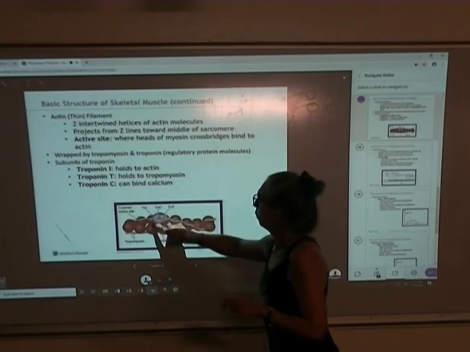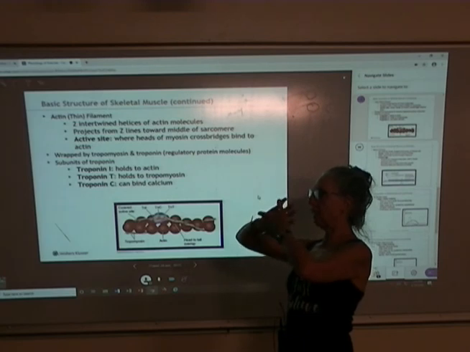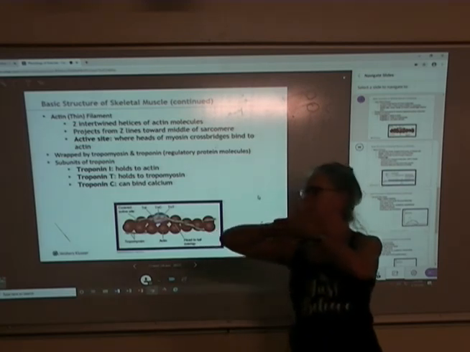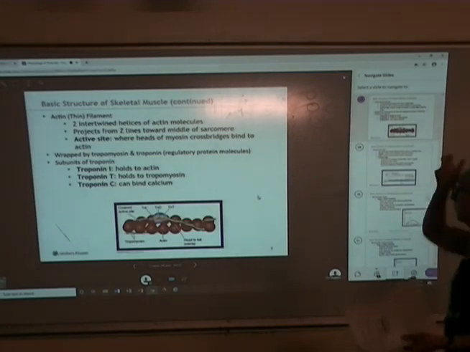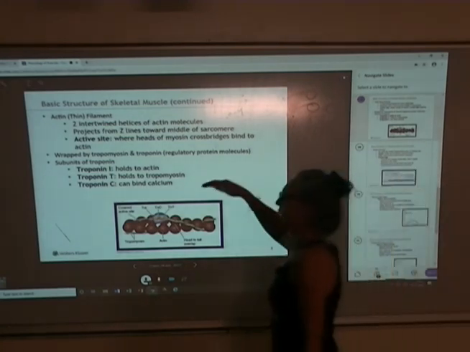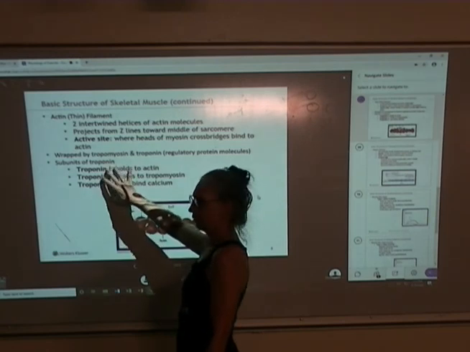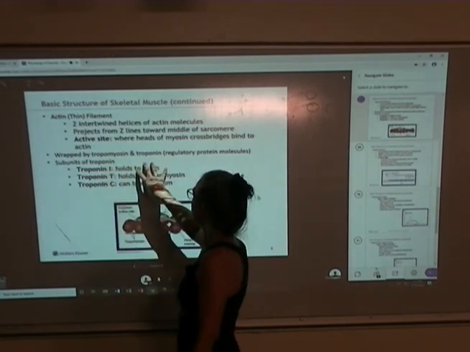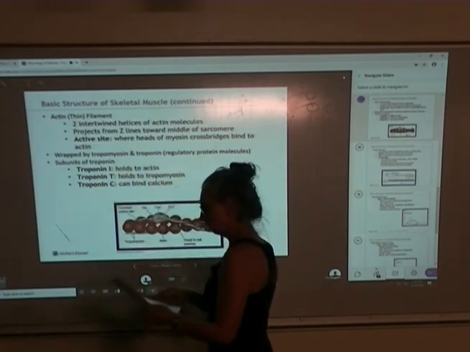And the troponin is attached, and it covers up the receptor site. Don't worry about troponin I, troponin T, troponin C. All right, that's more detail than we need. Just think of it as a troponin complex. All right.